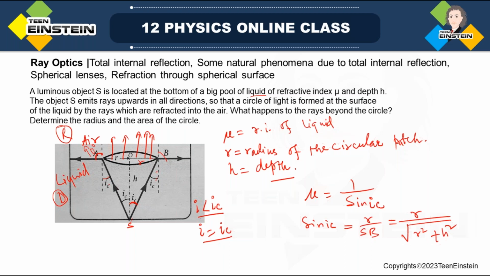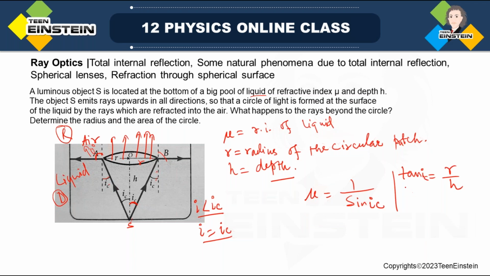But better to go with tan IC, that would help you. Tan IC means perpendicular by base. Perpendicular is r, base is h. Okay, now it is easy actually. Let us not go with this. So tan IC we have found out.